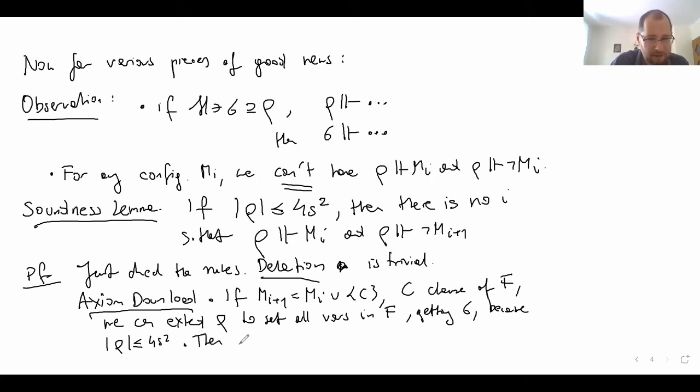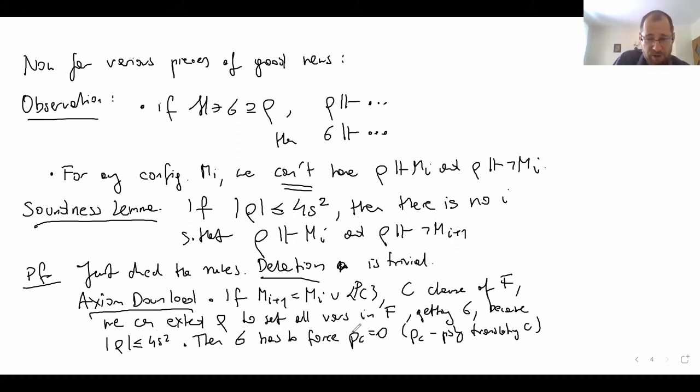Then sigma has to force P_C equal to 0. P_C is the polynomial translating the clause, because no assignment in the duplicator's family falsifies a clause of F. So we've set all variables of it. That means we satisfied it. Actually, it's not directly a clause; it's a polynomial here already.